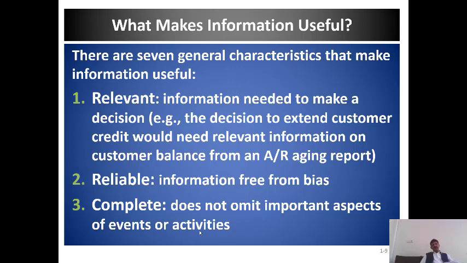Reliable, free from biases. So information should be provided by a reliable person. If the person providing the information is not reliable, how can we trust that information? In free from biases, like a foreman providing information about the employees, but the data is based on biases. The employees are not good, but he reports them as great performers.